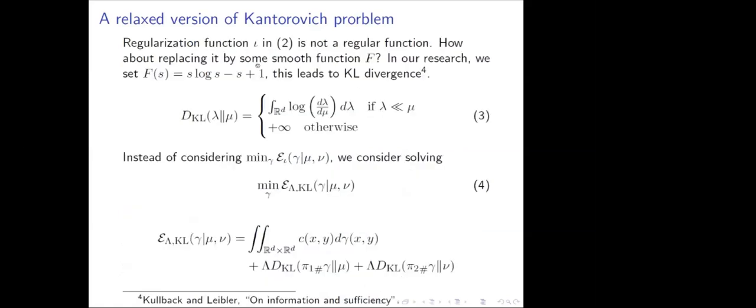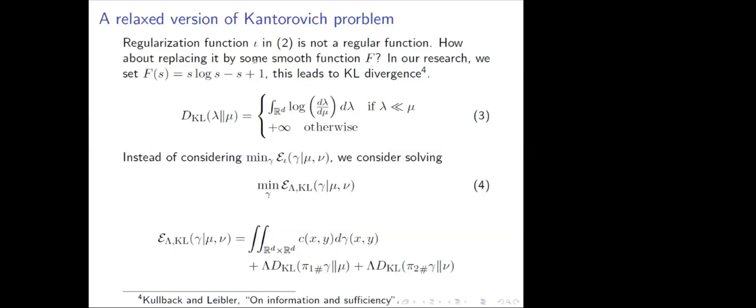Our idea is that since the regularization function iota is not a smooth function, what about replacing it with a smooth function F? In our research, we set F(s) equals s log s minus s plus 1.